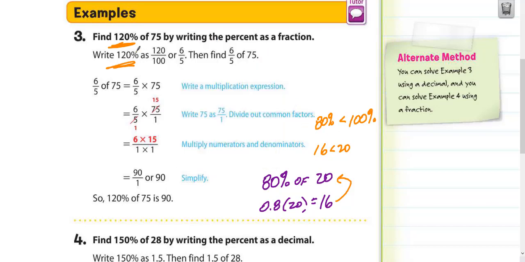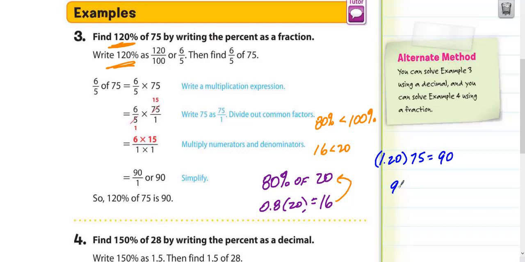But in this example, where we were doing 120% of 75, we were doing 1.2. I'm going to change it into a decimal. 1.2 times 75, we got 90.